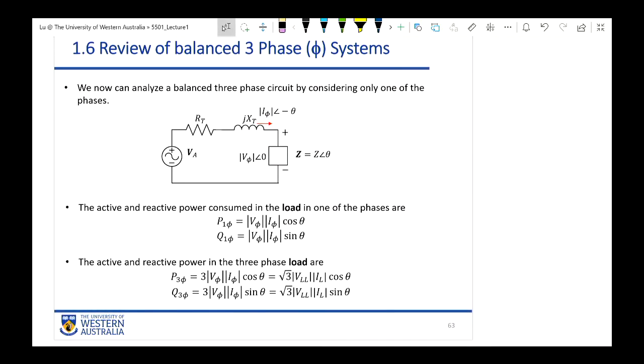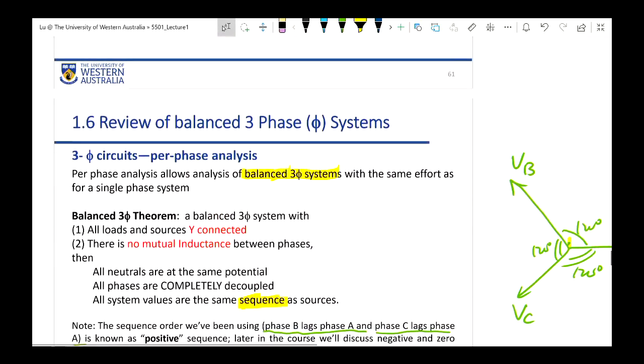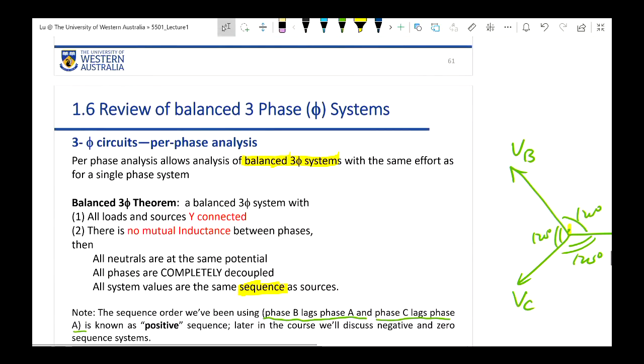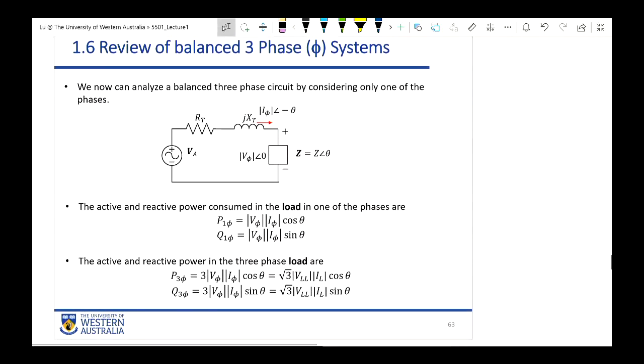So don't forget, we are currently discussing this per-phase analysis. We are focusing on one single phase, or one single AC circuit out of three in this three-phase power system. Now let's isolate this one single circuit from the whole system. In this system, we have one voltage source on the left and one load on the right, denoted by Z. On the top, you can see we have RT and jXT.